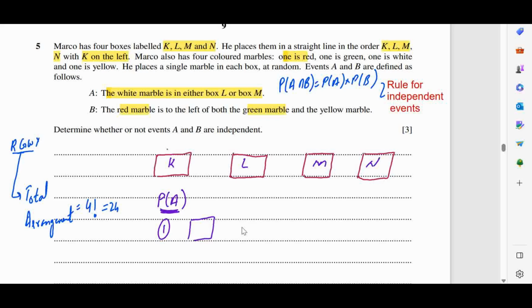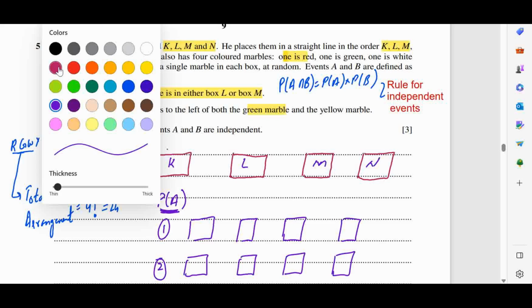This is box K, box L. Note one thing: K must be on the left side, so we write it over here only. And box M, we have 4 boxes. Let's see the second possibility, where we again have 4 boxes.